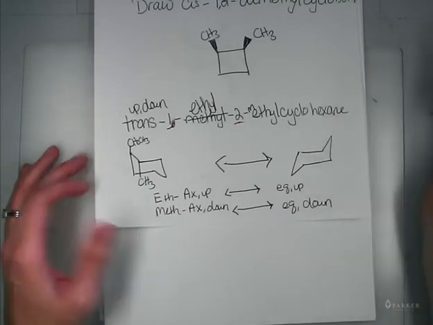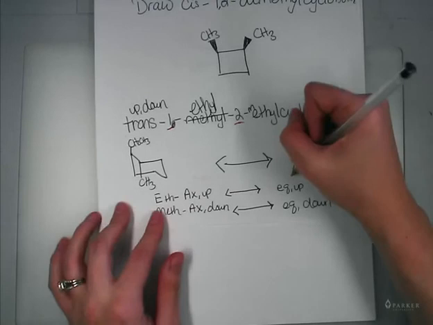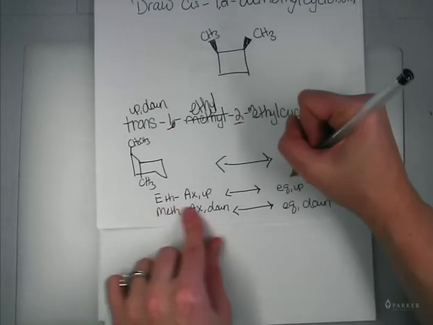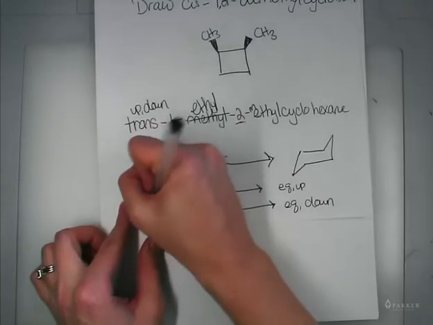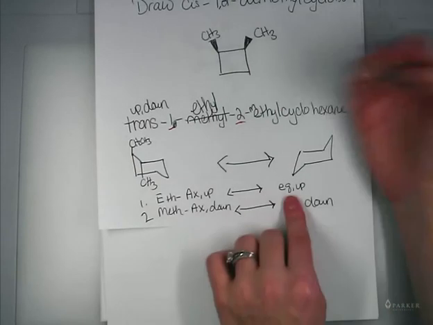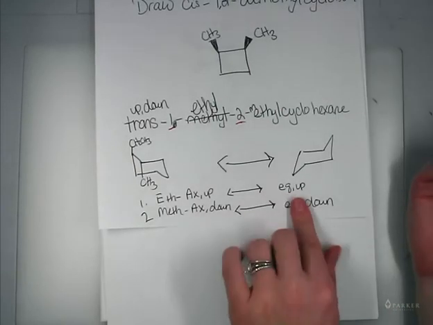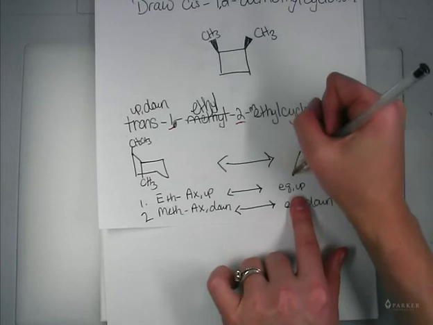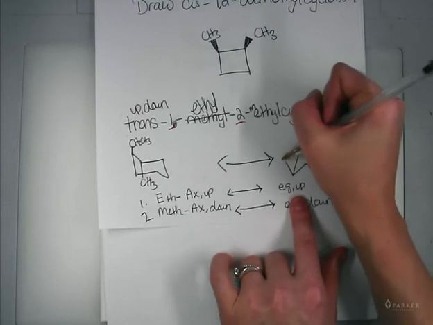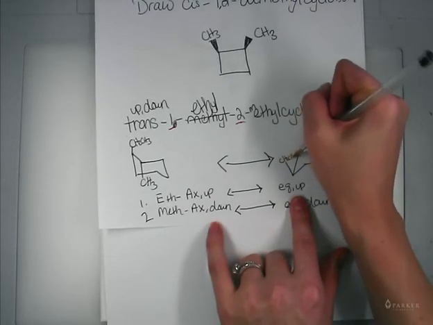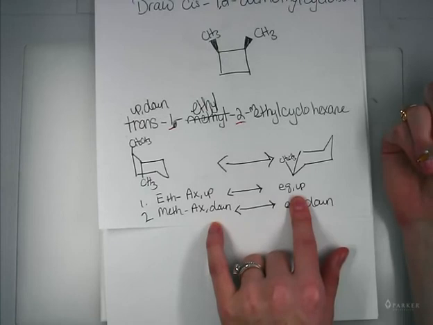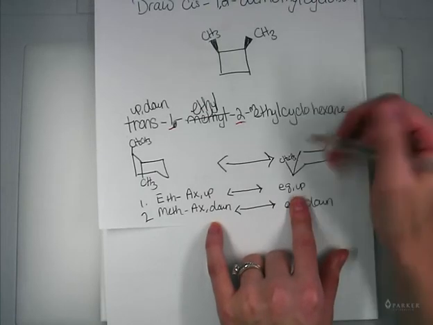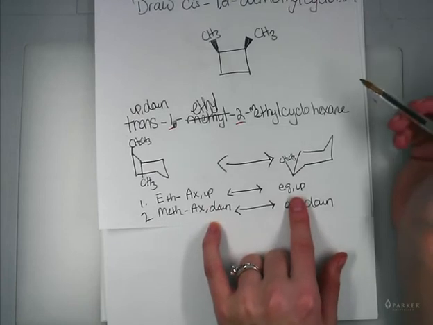So where is position 1 on here? Yeah, this bottom one right here. That's position 1. That's position 2. So we need to change it to what? Equatorial up. So let's draw an equatorial up. And then on position 2, where is position 2?